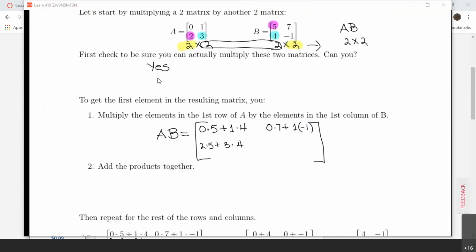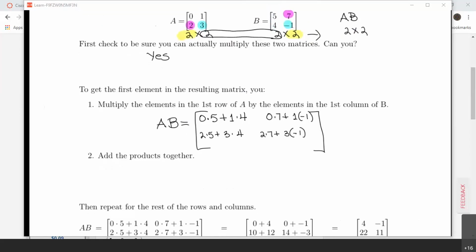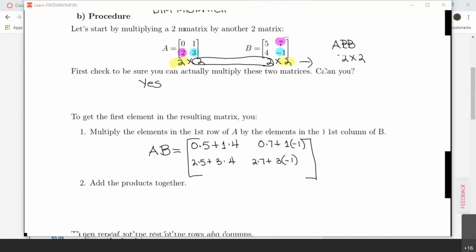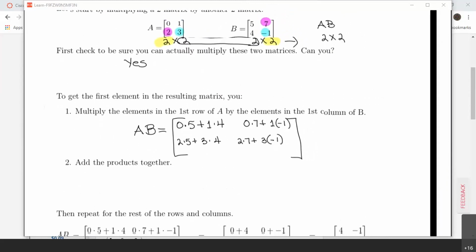Still going to stay going across the second row, and this time I'm going to go down that second column in the B matrix. So now I have 2 times 7 plus 3 times negative 1. And that's pretty much how you navigate through.